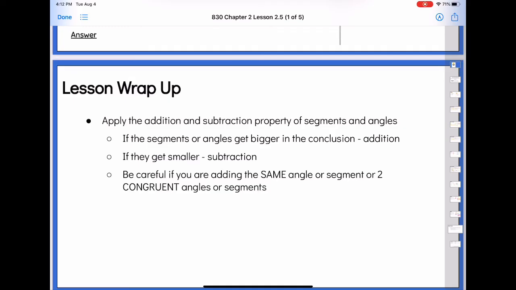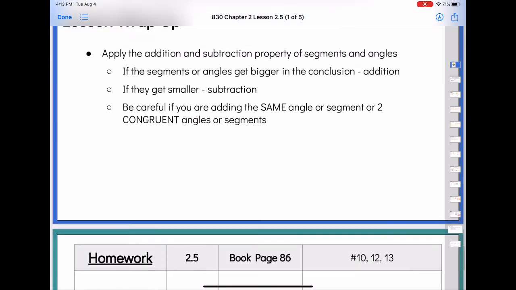So when you're trying to apply those subtraction and addition properties, remember that if the segments or angles get bigger in the conclusion than the givens, it's addition. And if they get smaller in the conclusion than the givens, that's subtraction. And then be careful, are you adding or subtracting the same angle or segment or two congruent angles or segments? So all those things to just be careful of as you're doing your homework.